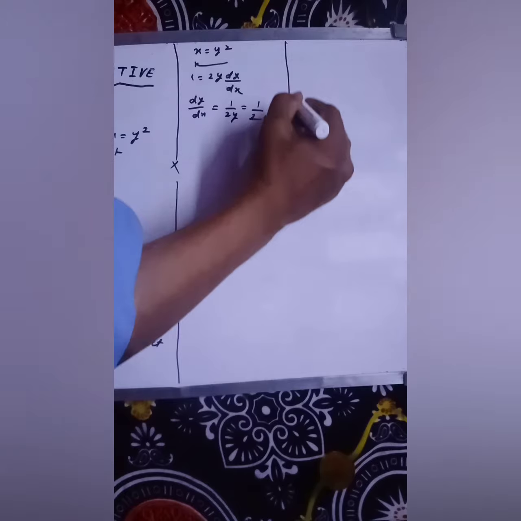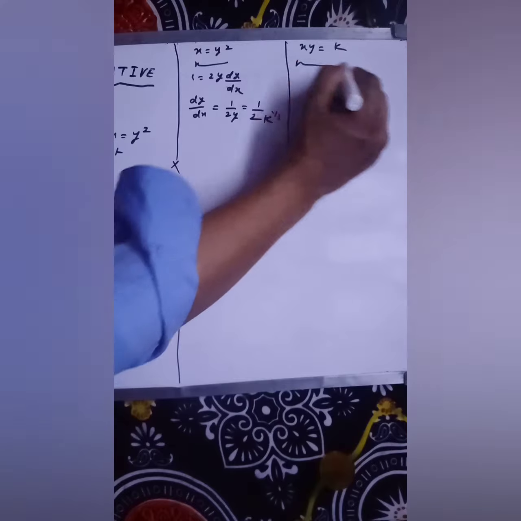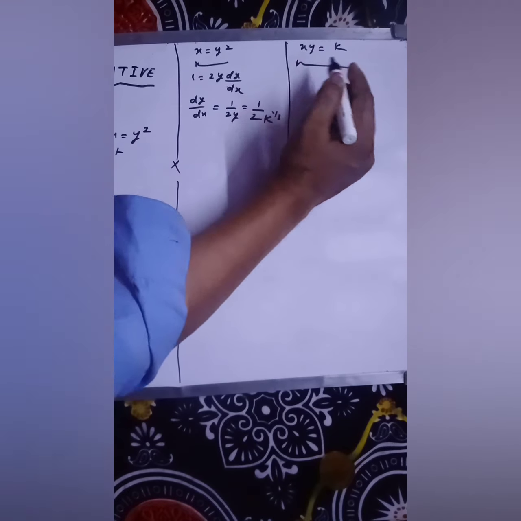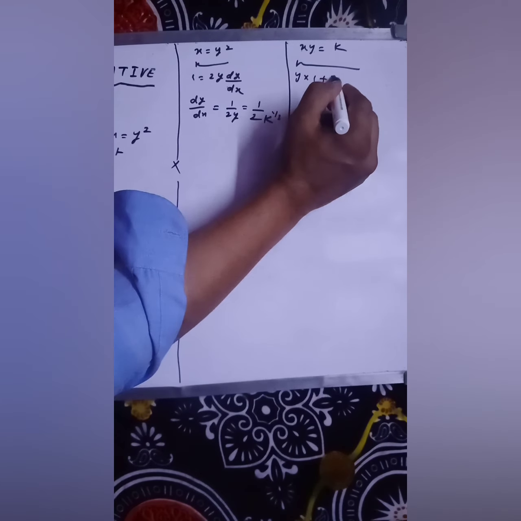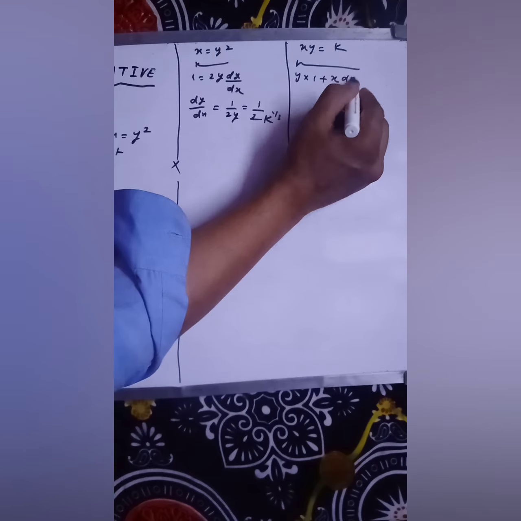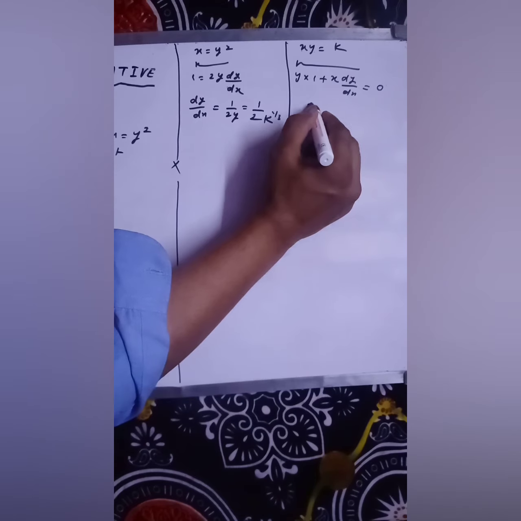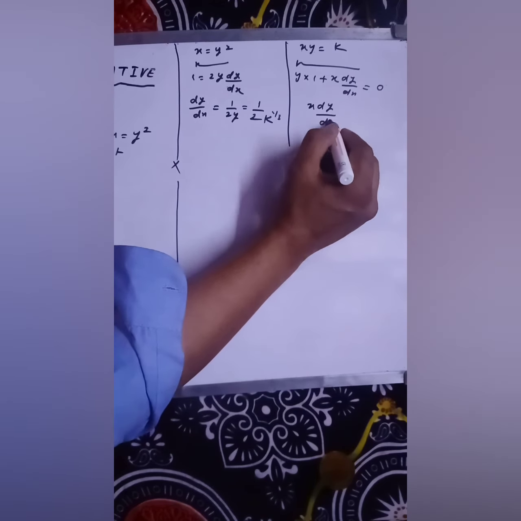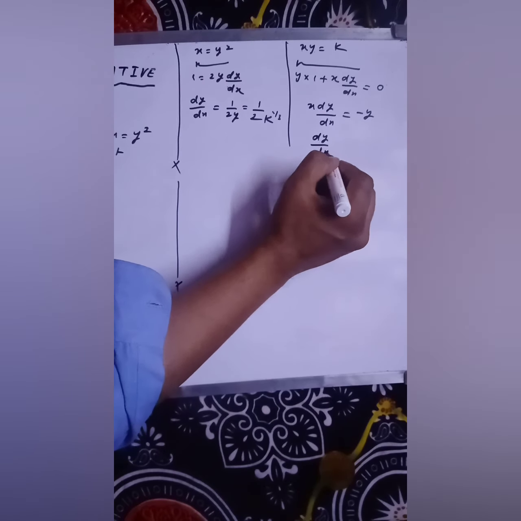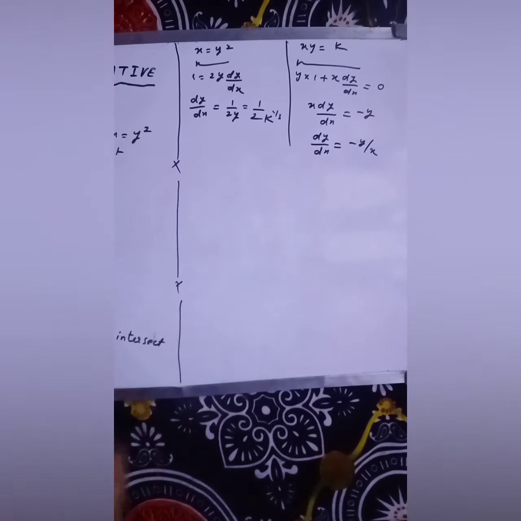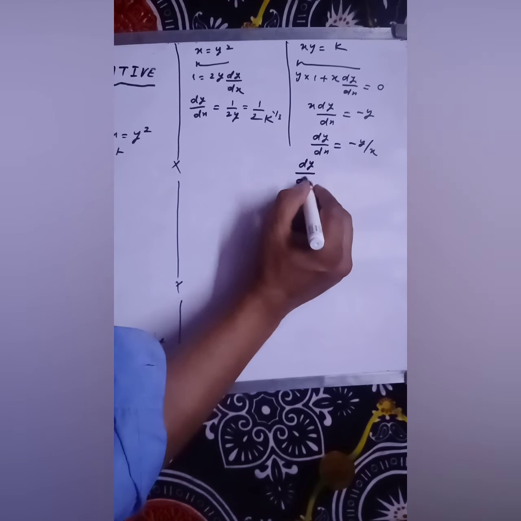And here the second equation is xy equals k. So here I'm differentiating it. So here you have to apply the product rule. So y into derivative of x would be 1, plus x will remain the same and derivative of y will be dy by dx, and k is a constant, so that is equal to 0. Now this would be x dy by dx equals minus y, and your dy by dx would be minus y by x. Fine. So you have to put the value of x and y.